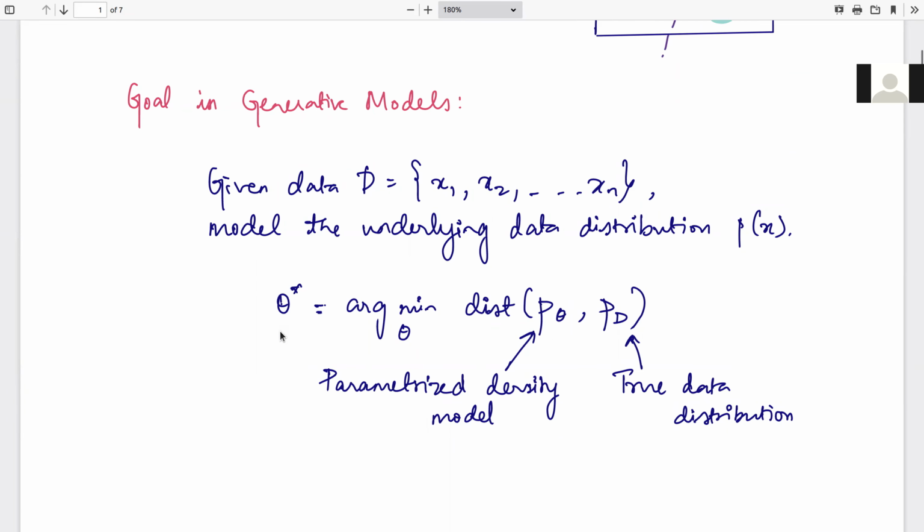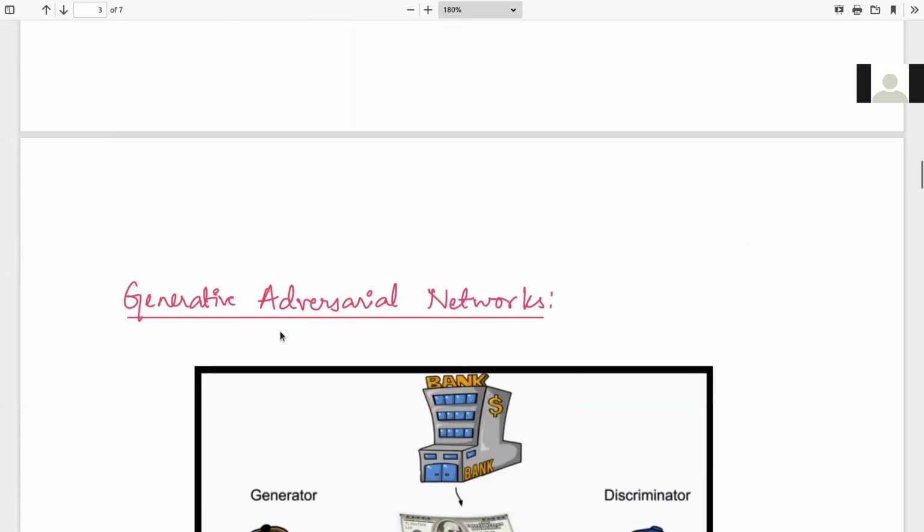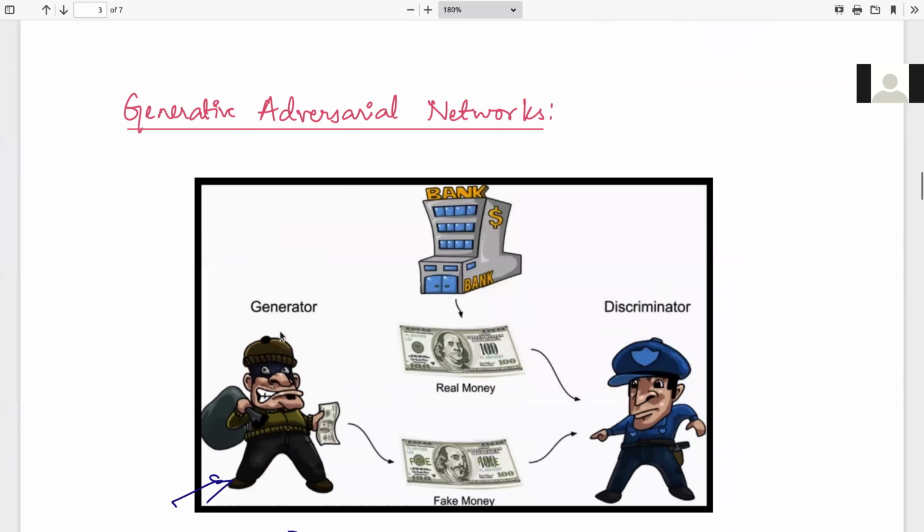Okay. So one such model is this generative adversarial network, here is a simple example of what this can look like. So here is a bank, which is tasked to print the real currency. And then there is this fraud person, which is also printing the currency, but this currency is not the real currency.